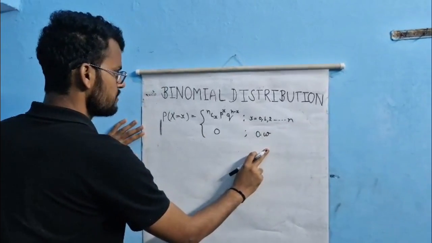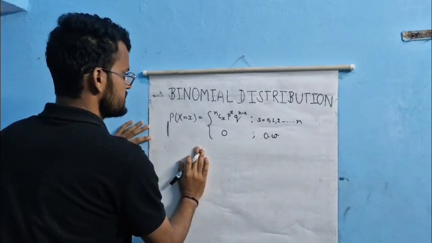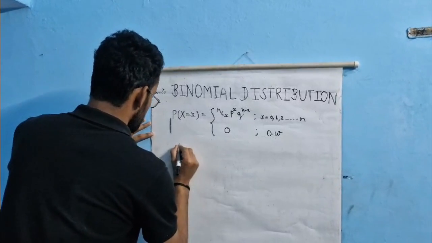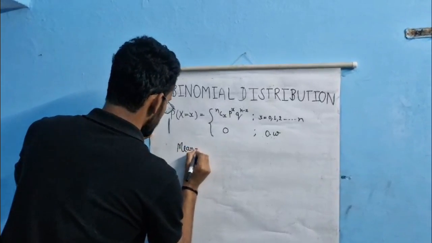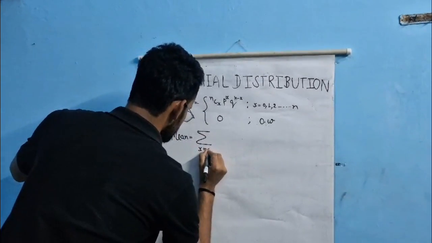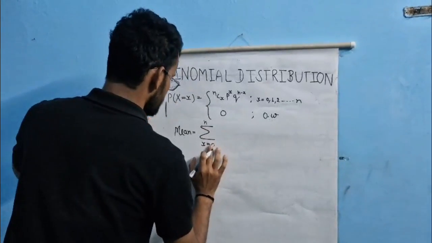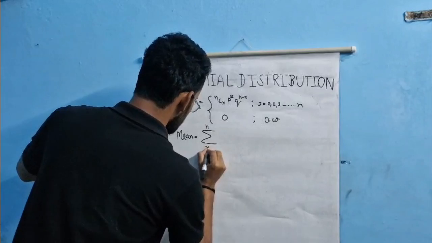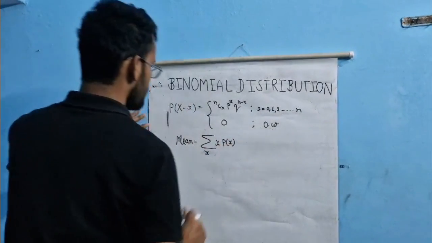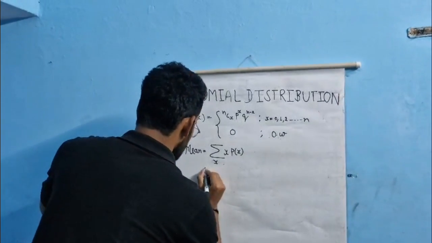Now, in the case of binomial distribution, we calculate mean and variance. For mean, we know that mean is equal to the summation over x equal to 0 to n of x times p(x), where p(x) is the probability distribution of the binomial distribution.